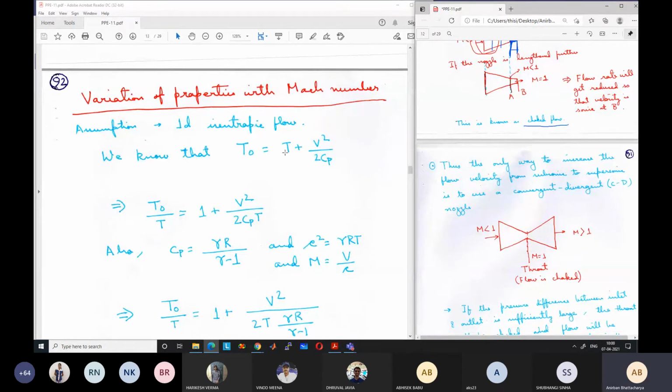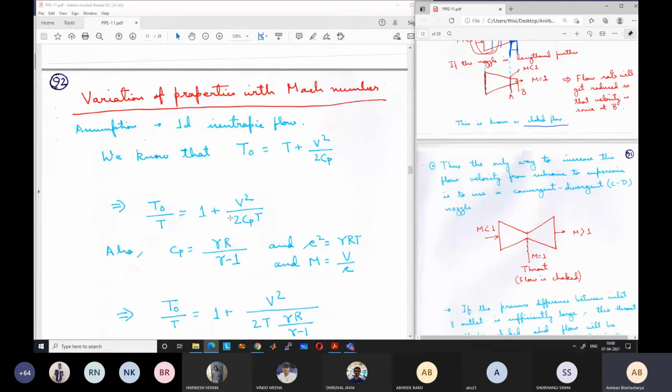Okay. Now Cp is equal to gamma R by gamma minus 1. By definition, you can easily find this out because Cp by Cv is equal to gamma and Cp minus Cv is equal to R. Using these two relations, you can find that Cp is equal to gamma R by gamma minus 1. Okay.